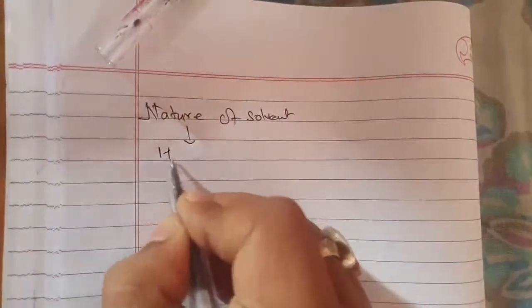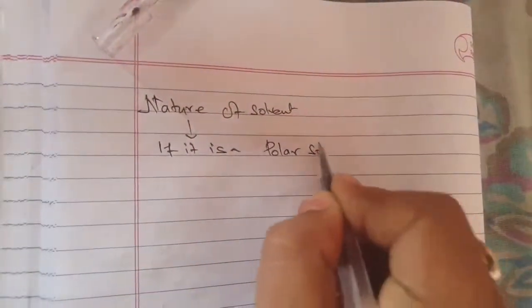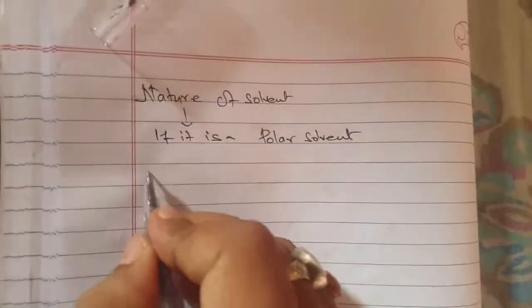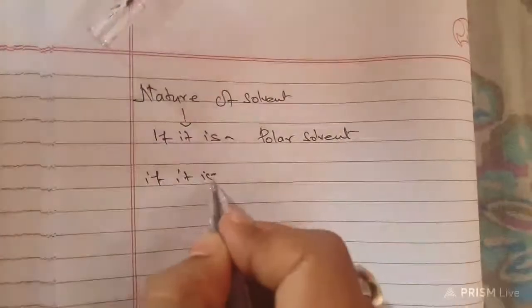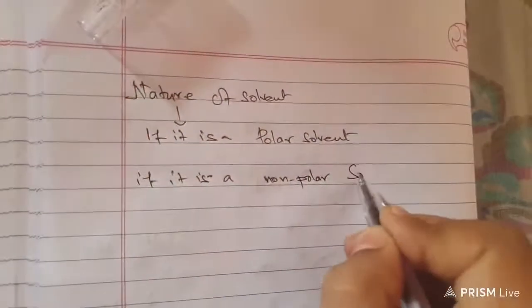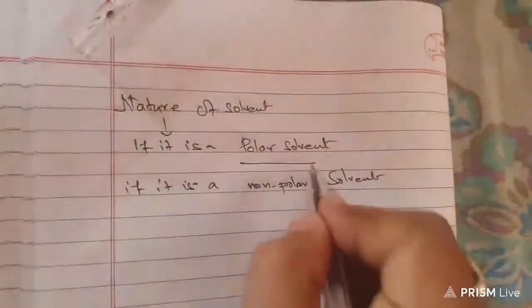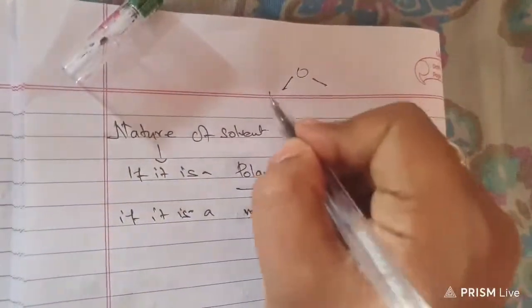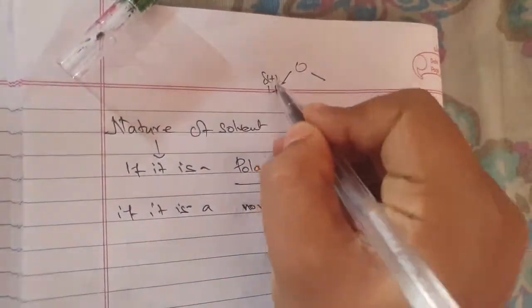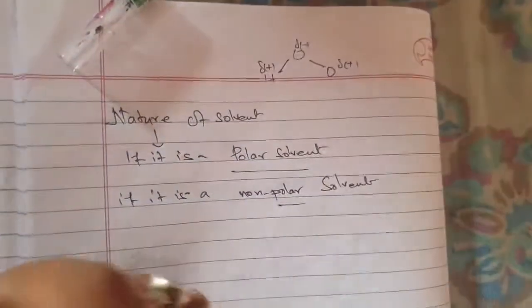If it is a polar solvent, and if it is a non-polar solvent, in which one do you think there will be more dissociation? Polar solvent means water is a polar solvent, the solvent in which the solvent molecules themselves get polarized.